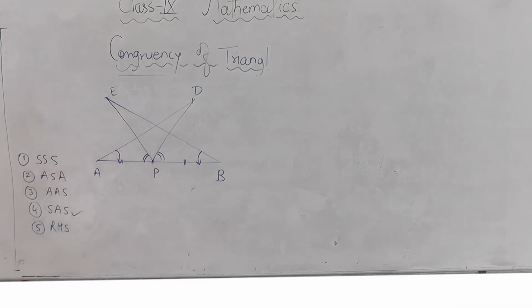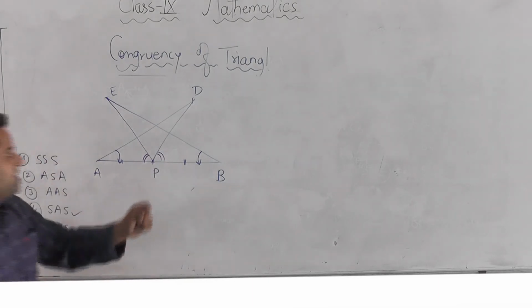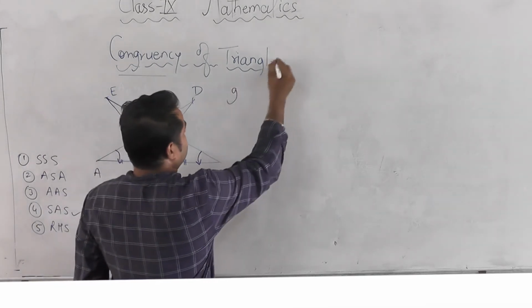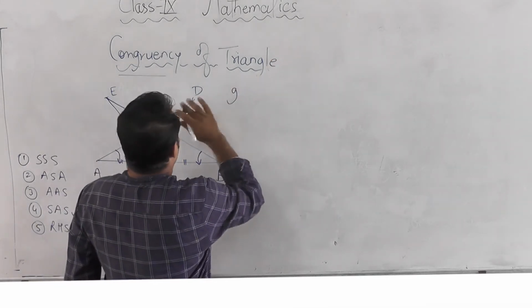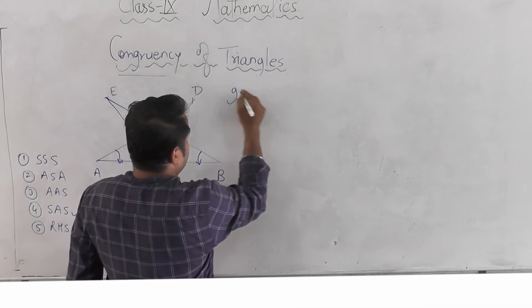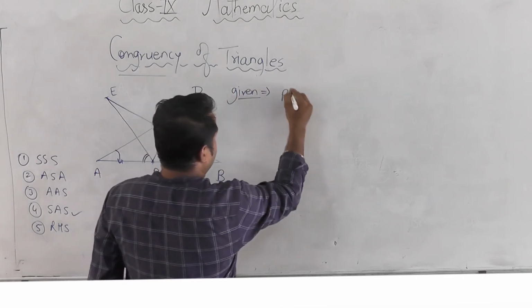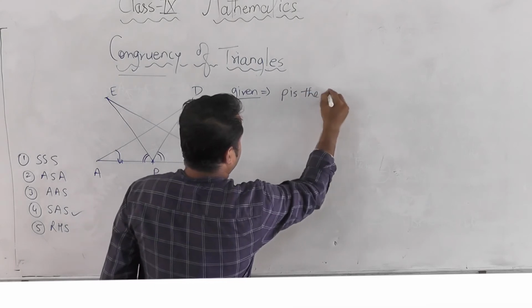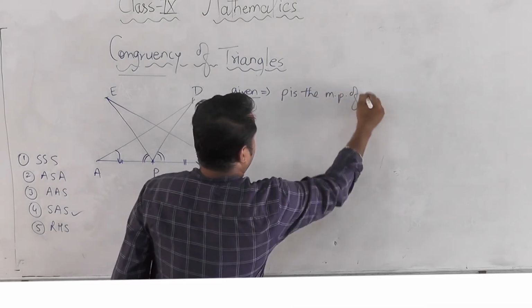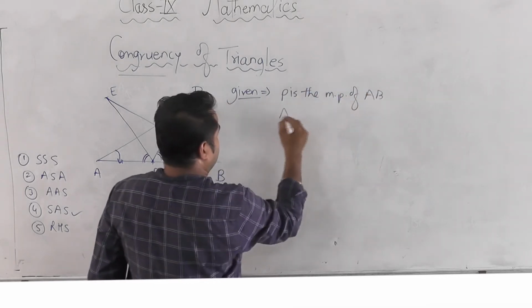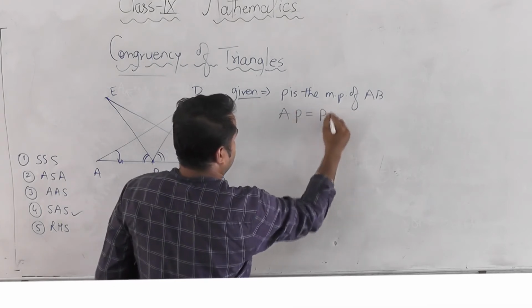Okay, so there are lots of things in that. So we can just write the first things. Let's see. What is given in the triangle: P is the midpoint of AB, so that AP and PB are equal.